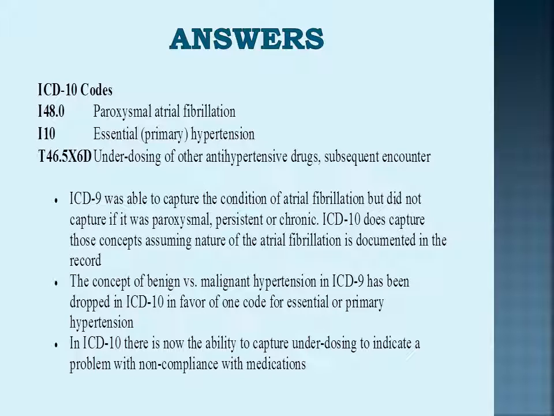ICD-10 captures those concepts as long as you document the exact nature of it. And then the concept of benign versus malignant hypertension, in ICD-10 we're just using one code for either essential or primary hypertension. And now in ICD-10, we can capture the ability to talk about underdosing of medications or problems with noncompliance. So you can see a lot of difference in those.